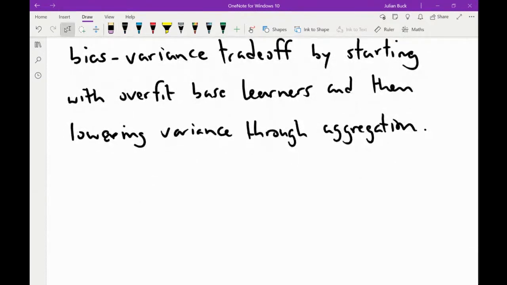All right. So boosting, on the other hand, the idea is to think about the bias variance trade-off in a different way.